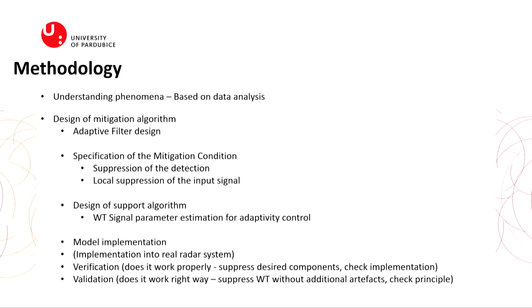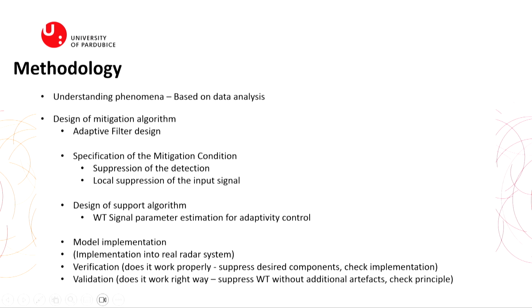Then comes designing the mitigation algorithm based on adaptive filter design, and specification of mitigation conditions: what is the level of suppression, what is the suppression of the detection, what is the local suppression of the input signal, and so on.